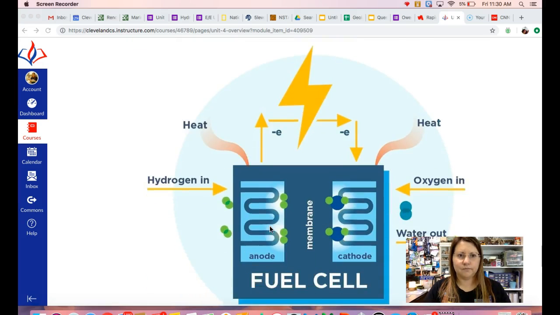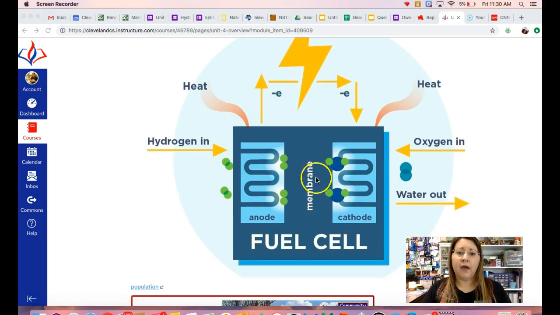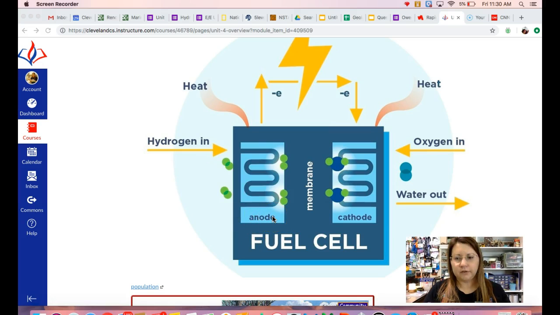They're all differences. A fuel cell is going to be a reference to hydrogen fuel. So in a fuel cell apparatus, you have hydrogen that is brought into the fuel cell, and also oxygen. So what happens when the hydrogen fuel goes into the anode here is that it basically splits apart the subatomic particles.